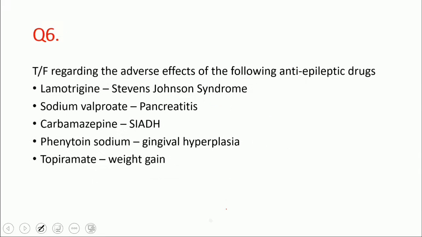Right, and also is there a time limit to not drive that we need to know? Yeah, so in Sri Lanka, as with most things, there are no specific rules. Like in the UK there are very specific rules about driving, which differ by seizure type and how long you can or cannot drive. In Sri Lanka that can't be asked because there are no rules, so I don't think they'll ask you that.